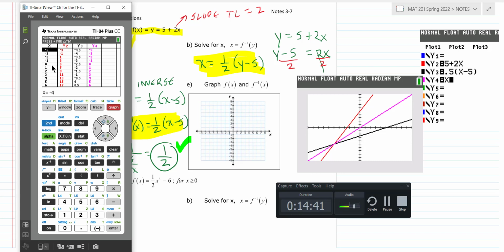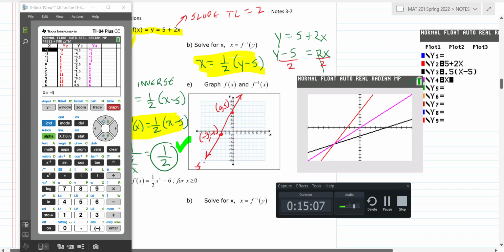So I'm just going to pick a few points. There's a point 0.5, and I'm going to label that. Another point, let's go into the negative numbers: -3, -1. I'm just going to pick 2 points on here. And then that will be the graph of the function f of x.